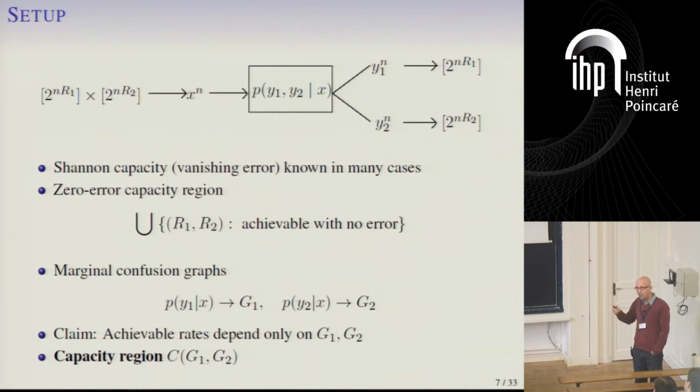Now, if you think about it a little bit, you realize that all that matters here are the marginal confusion graphs that are associated with the receivers. So Y1 sees a graph G1 that corresponds to the channel from X to Y1, and Y2 sees a graph G2 that corresponds to the channel from X to Y2, and the joint distribution doesn't matter. So basically, we can think about the zero-error capacity region here as the capacity region of this pair of graphs G1, G2.